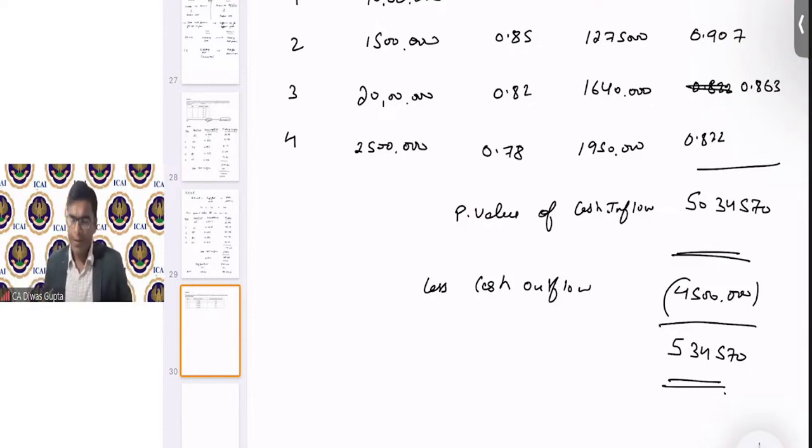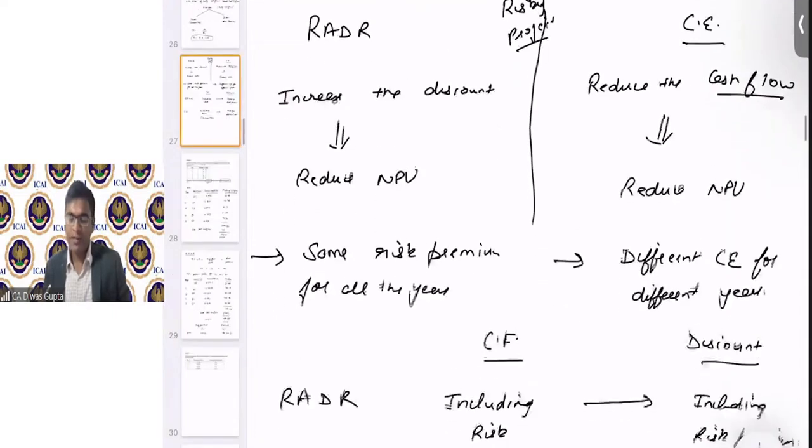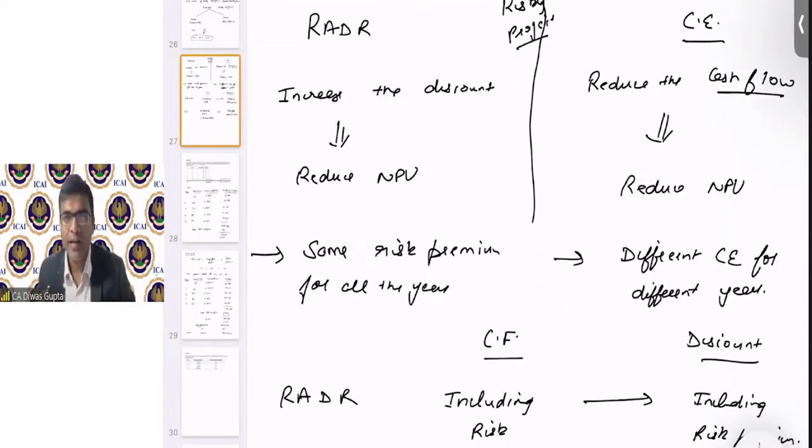Okay, students. Good morning, Mancha. So the certainty equivalent approach states that you first calculate the guaranteed cash flow and accordingly arrive at the NPV. Now for 2 minutes, I will discuss this comparison so that RADR is clear. RADR said that because of the risk element, you need to increase your discount rate, which will reduce the NPV.